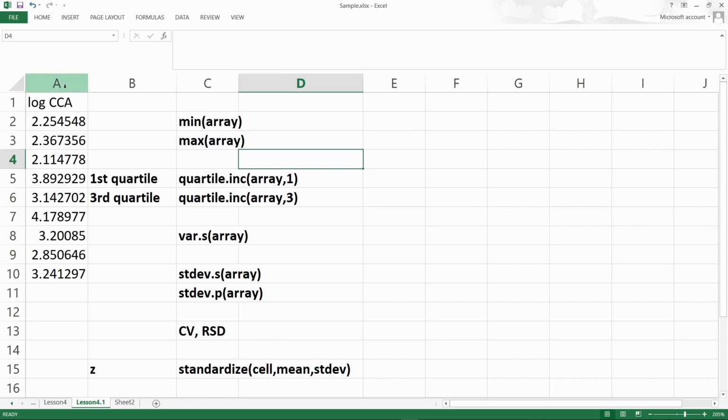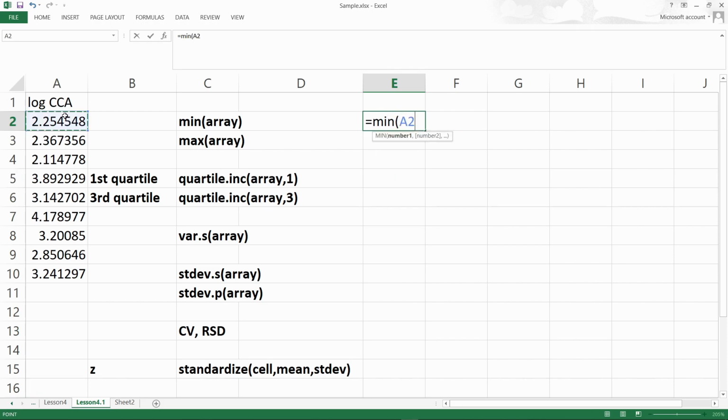Here we have the sample data of log transformed counts from chromocult agar, and to calculate the minimum in Excel, you have to start off with an equal sign, then MIN.